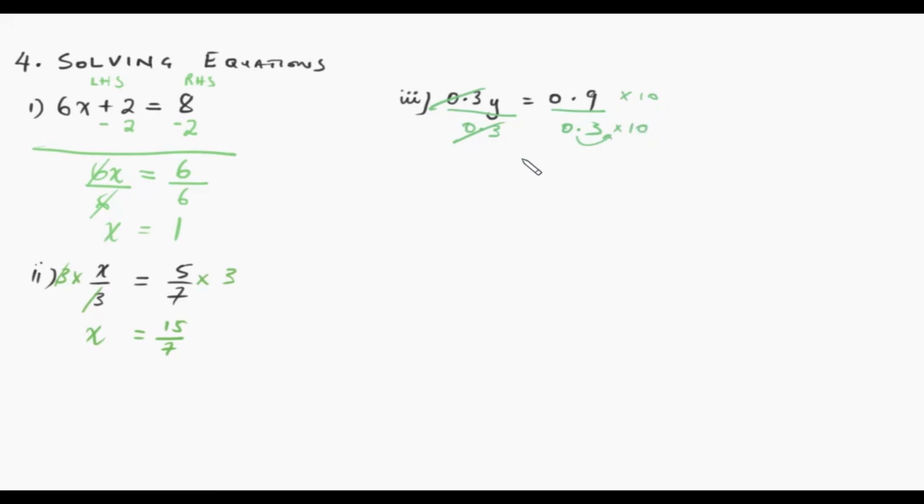Okay, so what are we going to have is this point will come here, so we have 9.0 over 3.0. So the answer is 9 over 3, which is 3. Therefore y is equal to 3 is the solution. Okay, so that's basically how we solve.